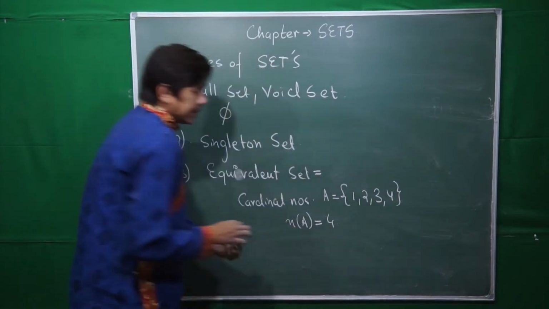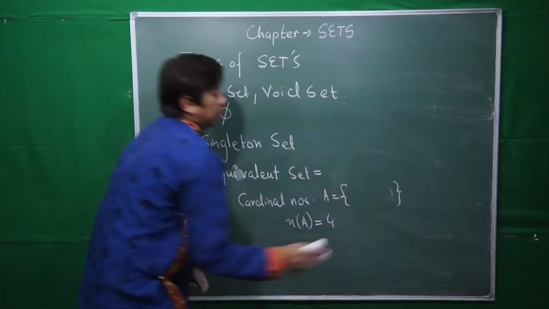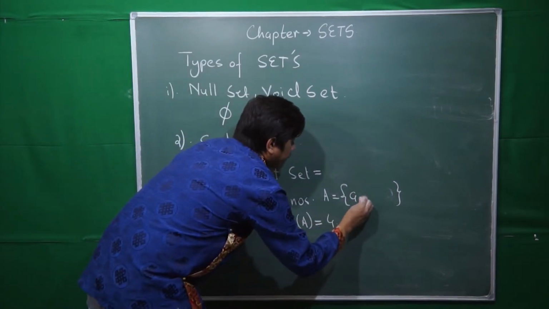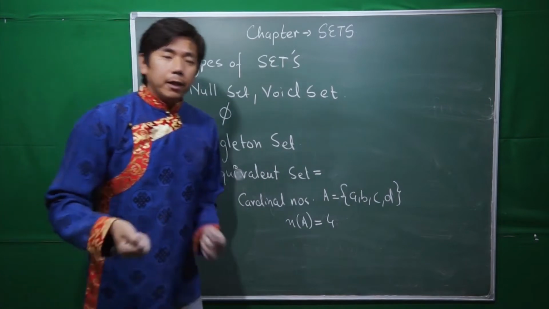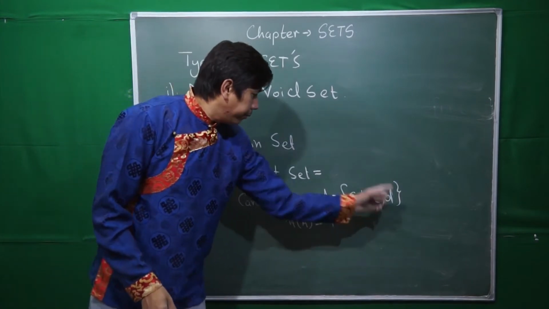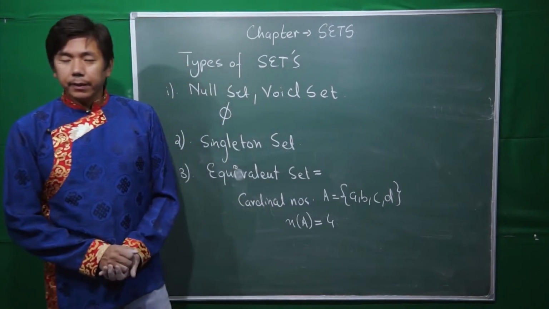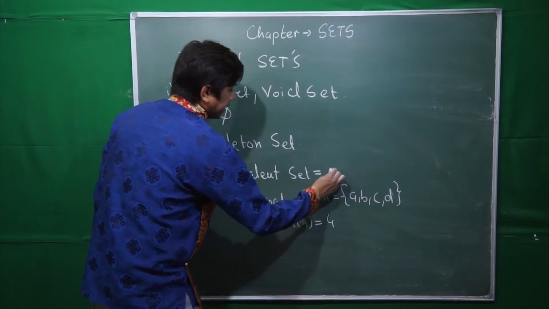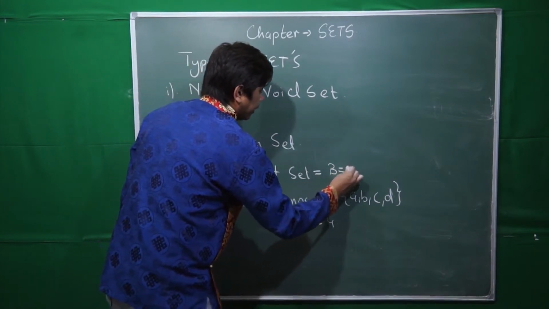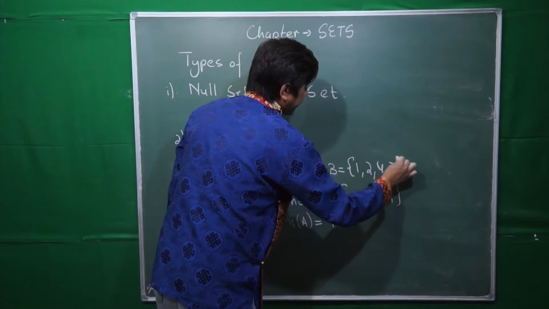Similarly, let's say set A has elements A, B, C, D. So, what is the number of elements? 1, 2, 3, 4. Again, the cardinal number is 4. Simple. Now, if we compare two sets, let's say set B, whose elements are 1, 2, 4, 7.